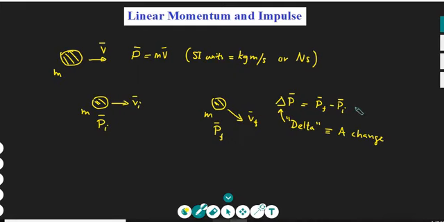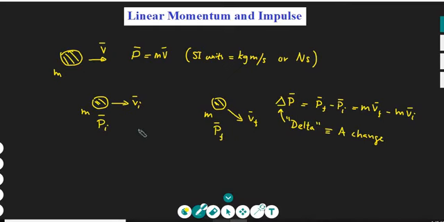So there's another way of writing this. Since we know how to write P in terms of mass and velocity, I can write this as m v final minus m v initial. That is also a way of writing it. Okay, so we define the linear momentum and then we have the change in linear momentum.